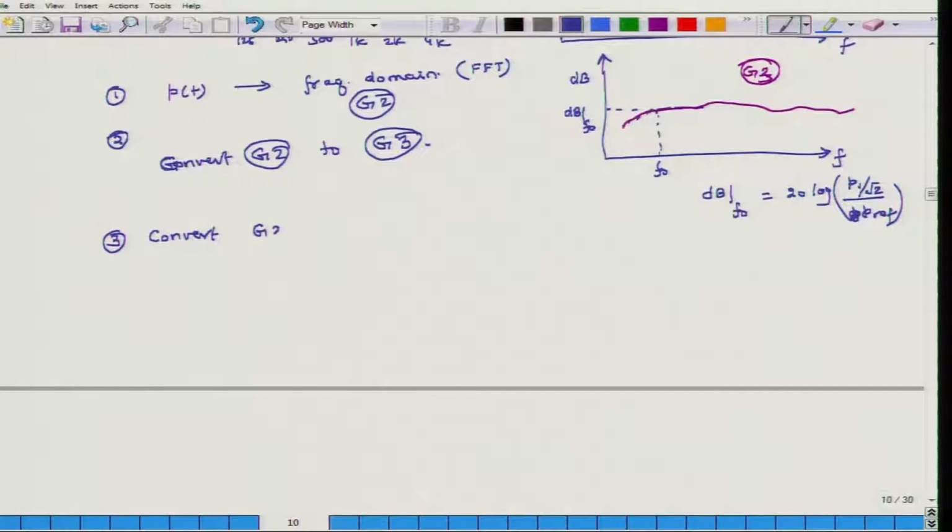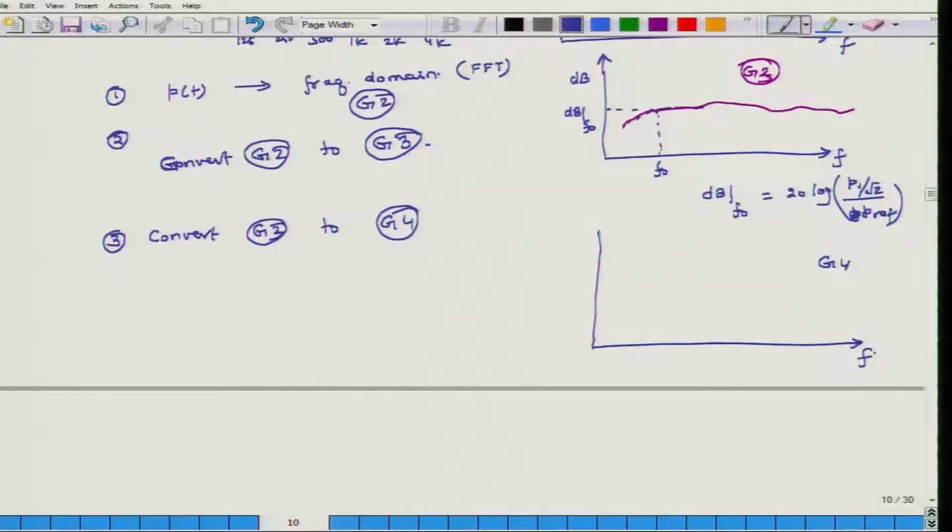Convert G3 to G4. What is G4? G4 is a similar plot. So, this is G3 and this is G4.